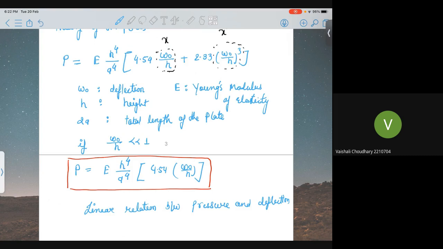Now, we'll move on to the pressure sensors, piezoresistive sensors.